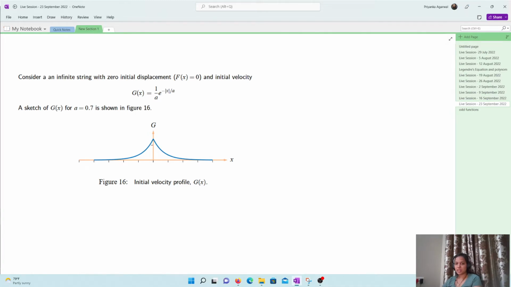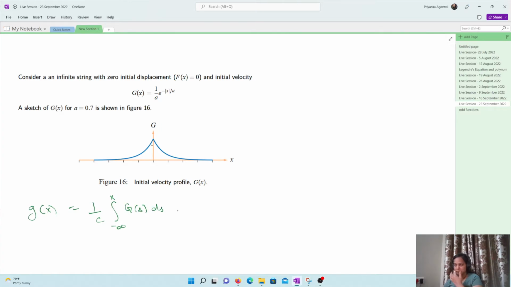Now let's first calculate the integral of g of x, which can be defined as 1 by c, integral from minus infinity to x of g of s ds.